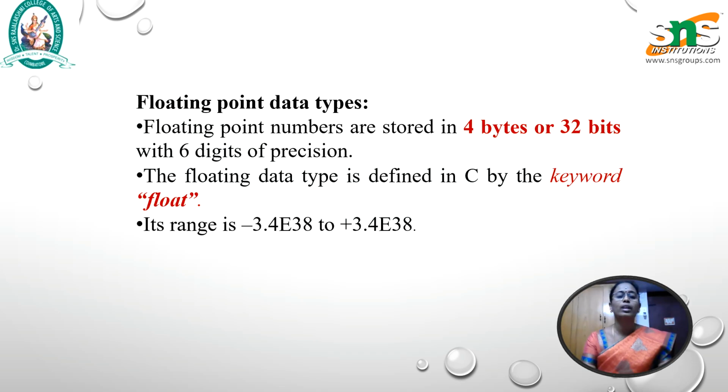It also consists of the floating point data type. It has float, long float, double and short float. Float numbers are stored in 4 bytes or 32 bits with 6 digits of precision.